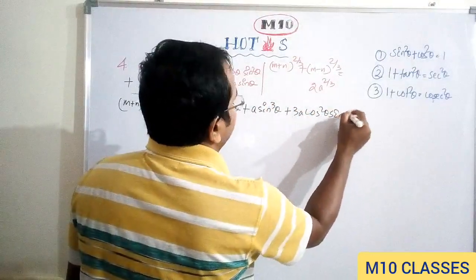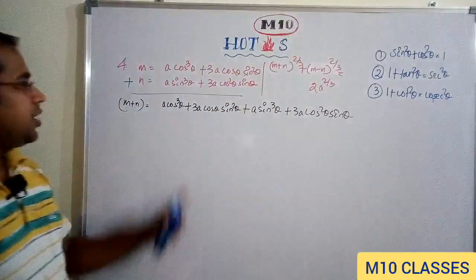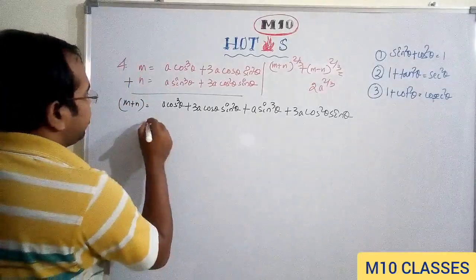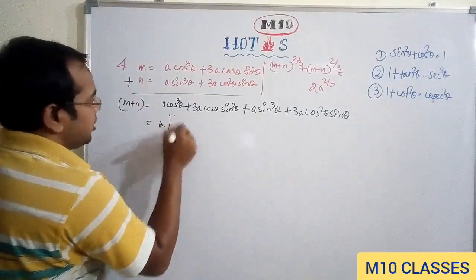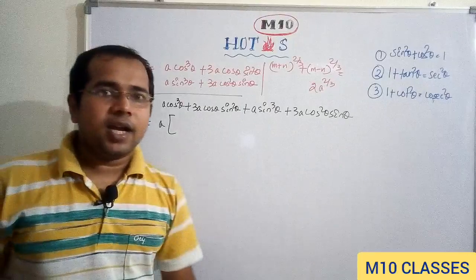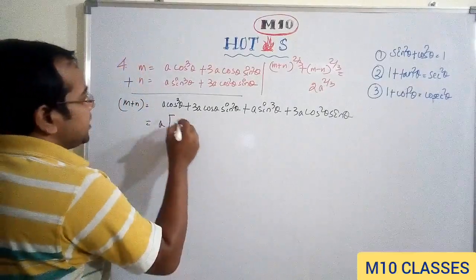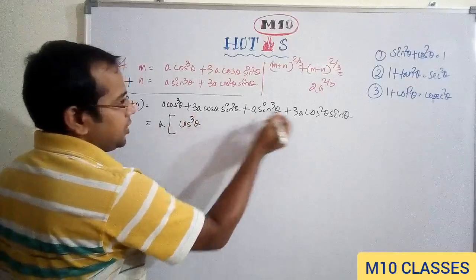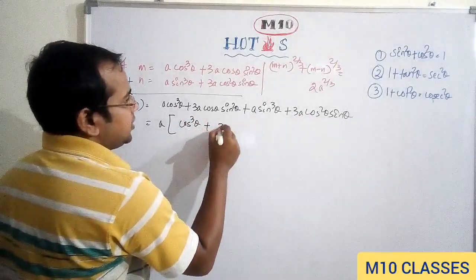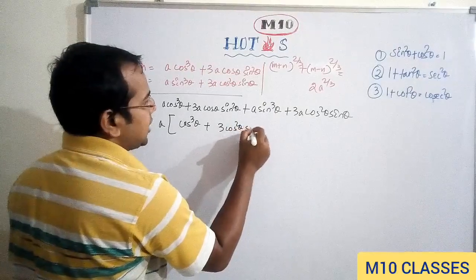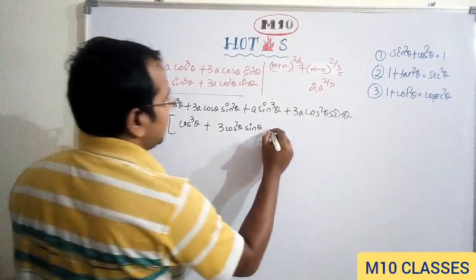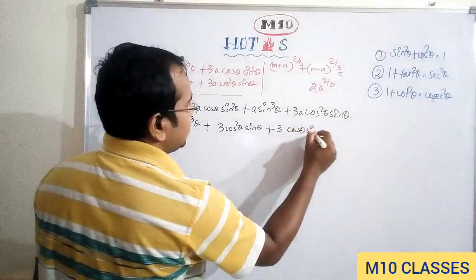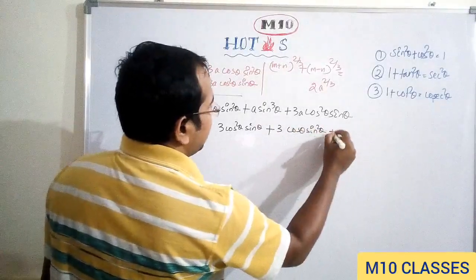Students, you can see a is common in each term, so let us take out a common first. Next, see here, let us make an arrangement. Cos cube theta, then bring this one, plus 3 cos square theta sin theta, plus 3 cos theta sin square theta, plus lastly sin cube theta.